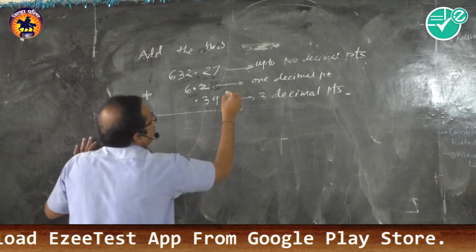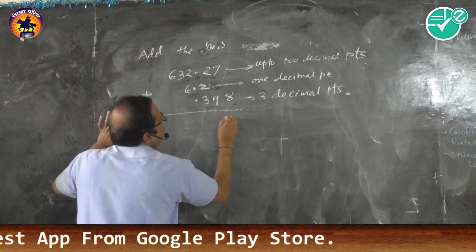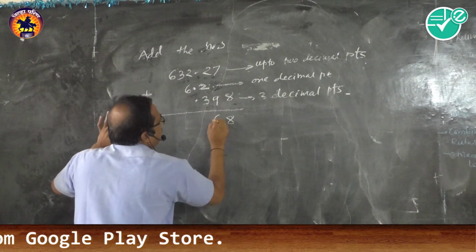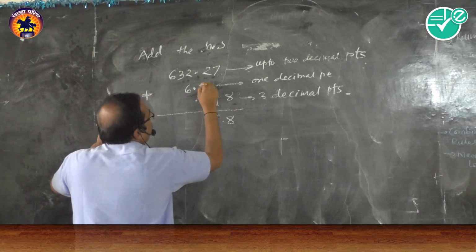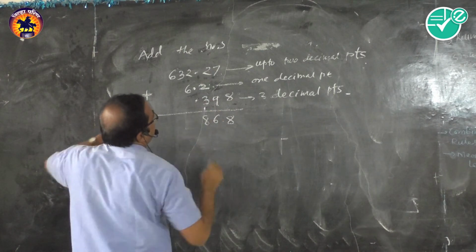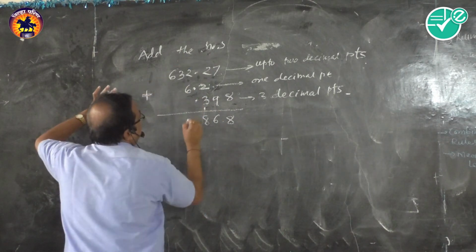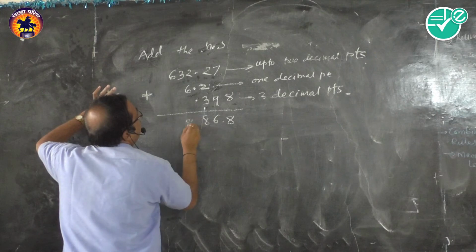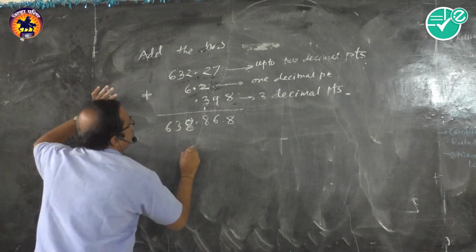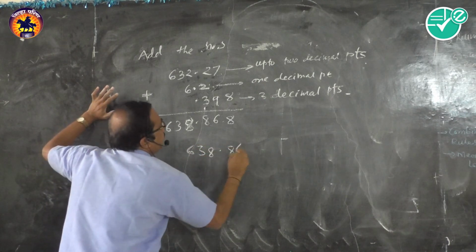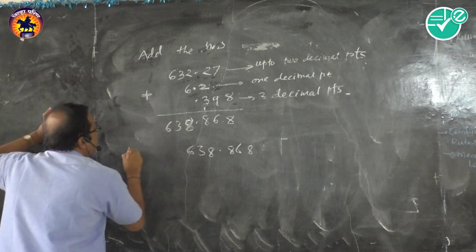So let us add this first of all. We shall add this by the usual method. The sum is 638.868. So this is the result.